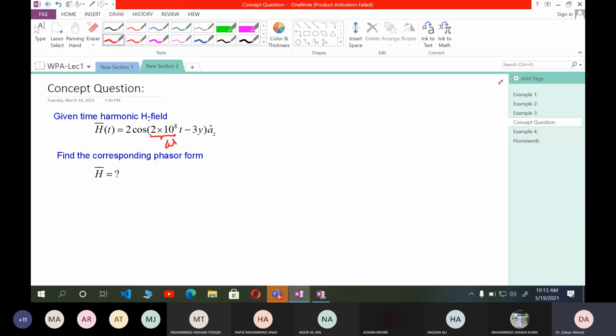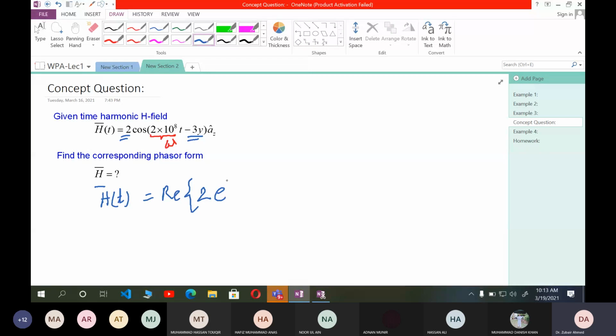We can write this instantaneous time domain signal H of t using the fundamental definition, real part of the phasor times e^{jωt}. When we write the phasor, we simply pick the magnitude and the phase and write it as a complex number. So I am picking the magnitude 2 and the phase here is minus 3y.